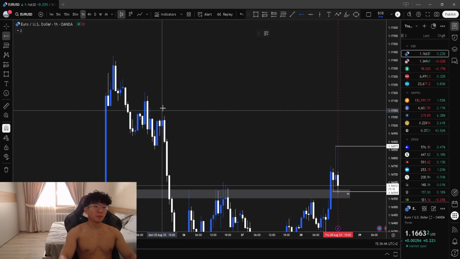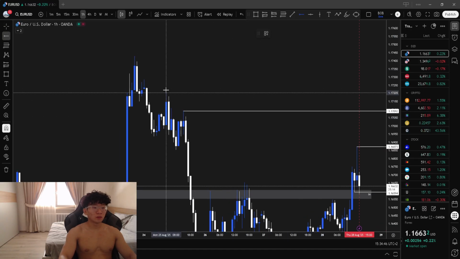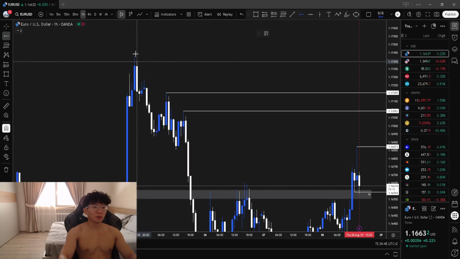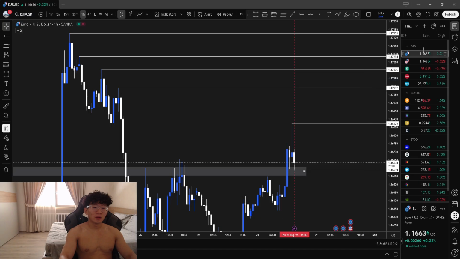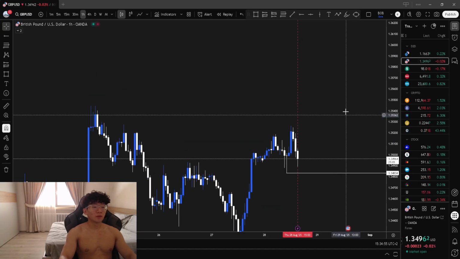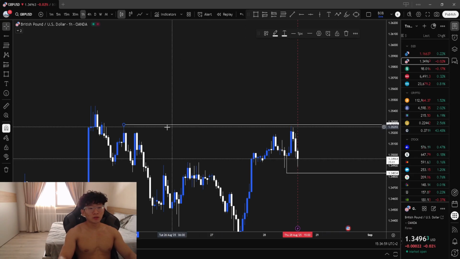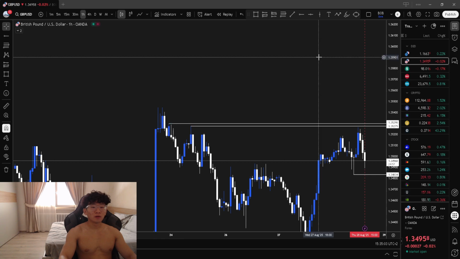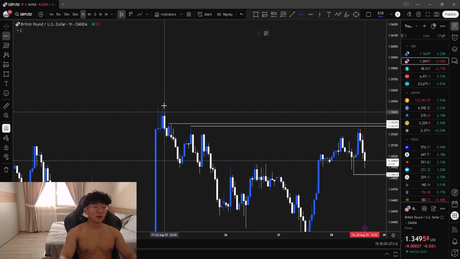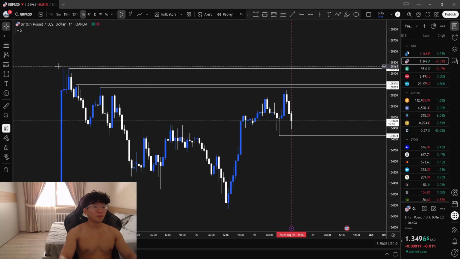Then we have all these price bonds all the way up here, and even this. Meanwhile, on GBP USD we have these almost equal highs right here, very strong. Then we have another one here and another one here.